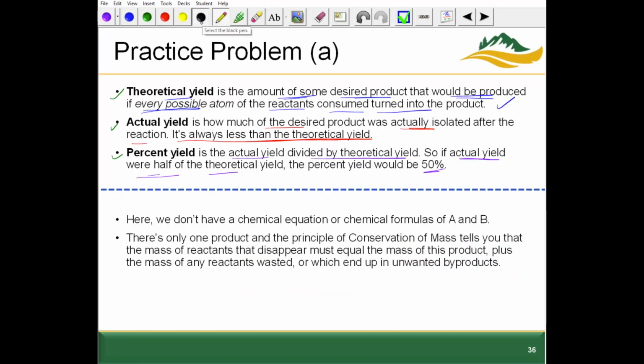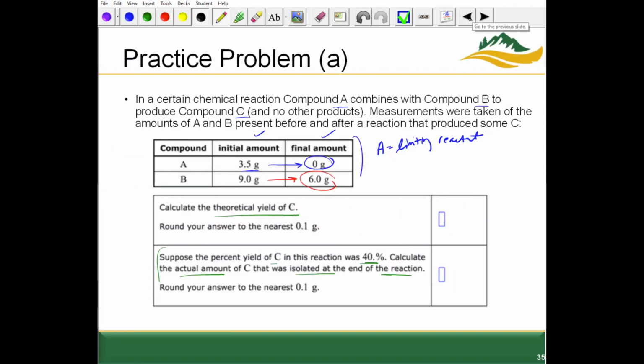Now, to solve our problem with A and B, we don't have a chemical equation and we don't have any chemical formulas, but we keep in mind the idea of the conservation of mass, which tells us that the mass of the reactants that disappear must equal the mass of the product. So anything consumed here must be formed into our product, or C. So whatever's consumed from A and B had to produce our product C because nothing else is produced here, is what we're told in the problem.